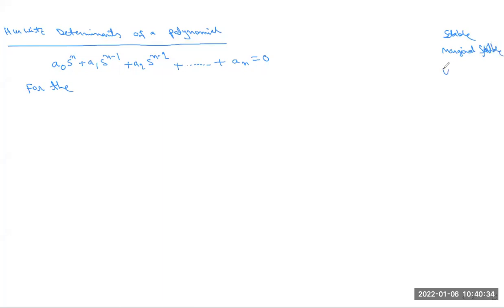Okay, and another one is the unstable form. When most of the roots are present on the left half plane (LHP), and another one we have to discuss, that is the right half plane. So when most of the roots are present on the left half plane, the system is called the stable form.